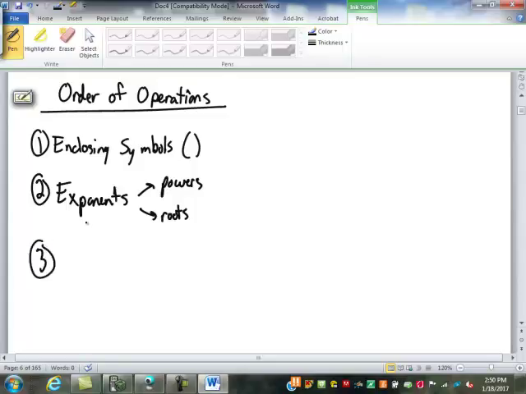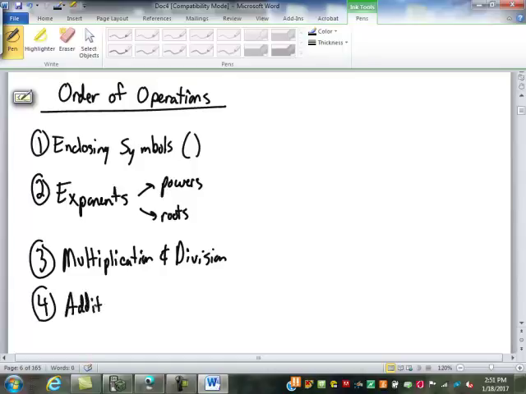So then the third one, you said it before, is multiplication and division. Very good. And then the lowest level of priority is addition and subtraction. Perfect. So those are the order of operations.